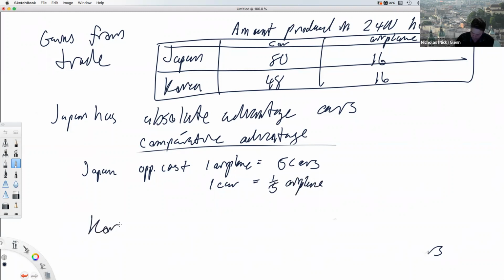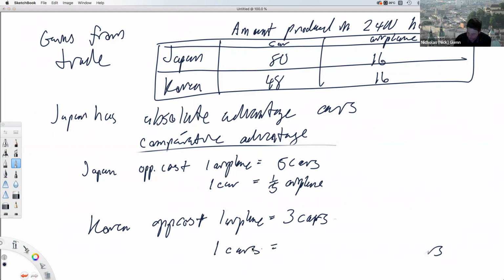What about Korea? Opportunity cost of one airplane is 3 cars. What about in terms of cars? Well, opportunity cost of one car equals 1/3 of an airplane.